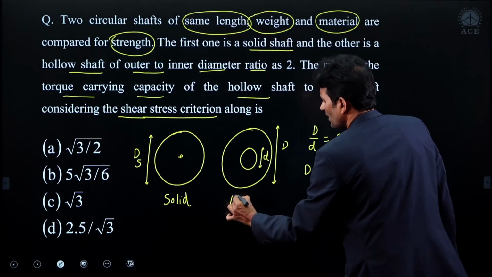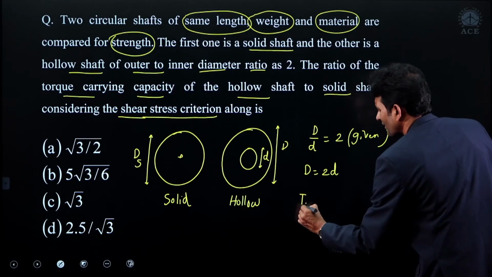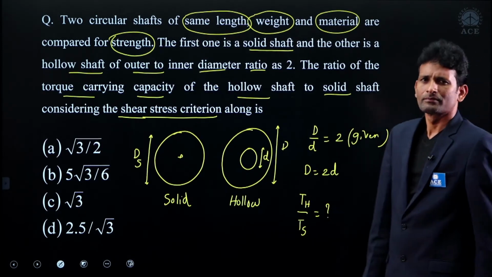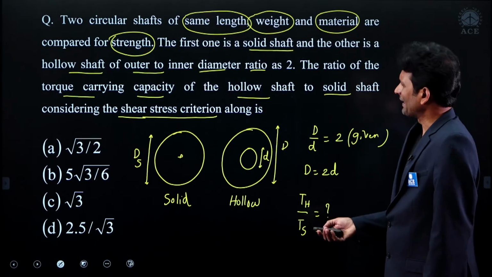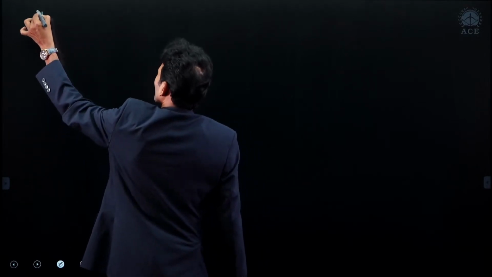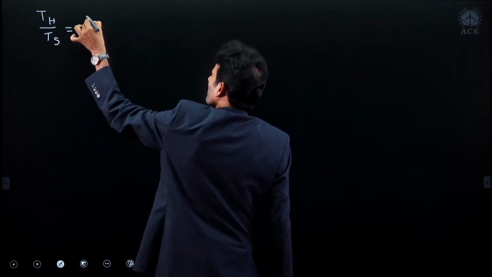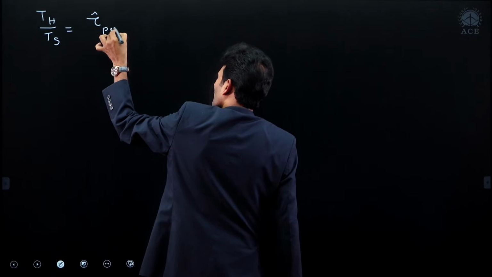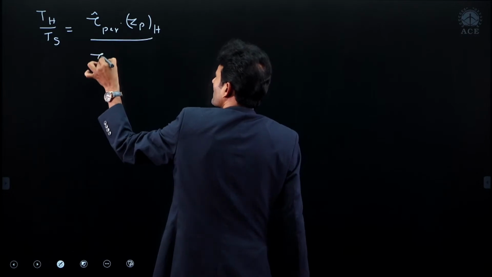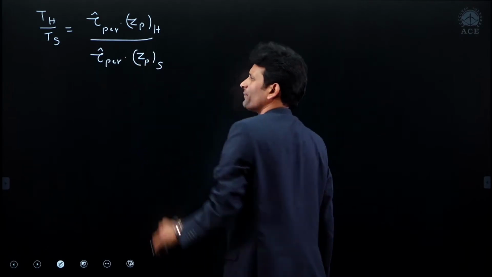What we require is to compare the torsional strength of hollow to solid, my dear friend. We need to calculate this ratio. We know the torsional strength formula. Let me start from that point. Torsional strength of hollow divided by torsional strength of solid equals permissible shear stress, as we know, into Zp for hollow divided by permissible shear stress into Zp for solid.